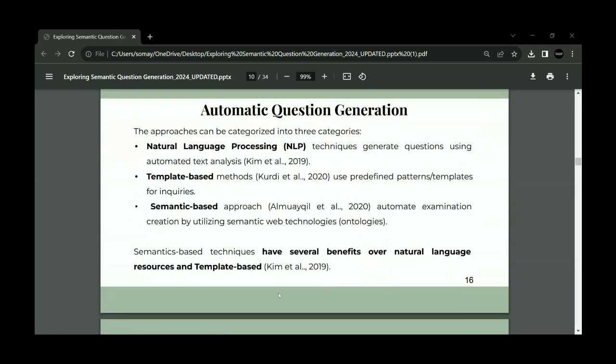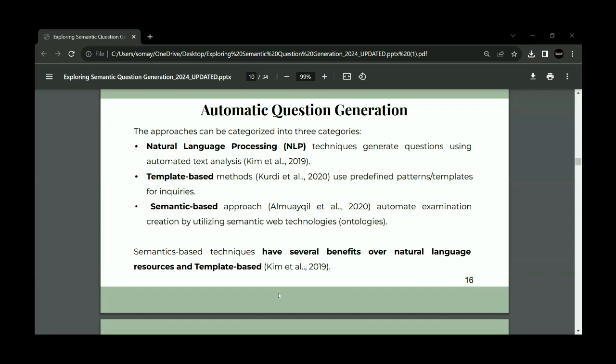So the automatic question generation approaches can be categorized into three categories: the natural language processing, the template-based, and semantic-based. Natural language processing techniques generate questions using automated text analysis, whereas template-based methods use predefined patterns or templates for inquiries.